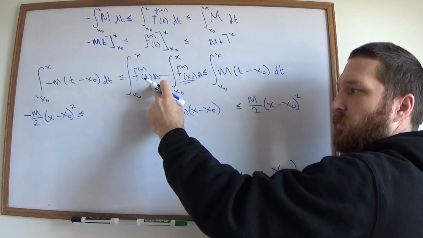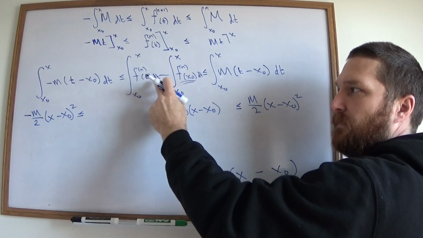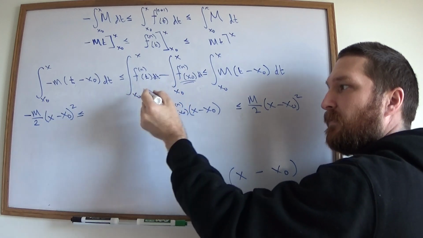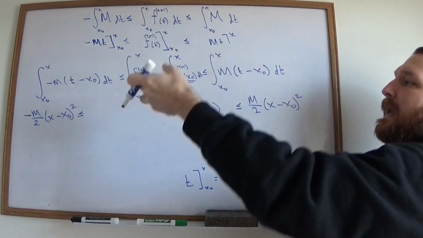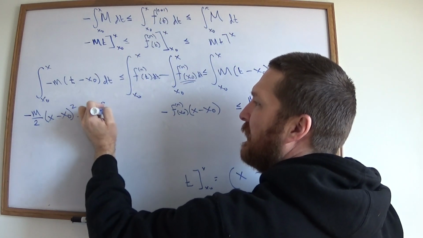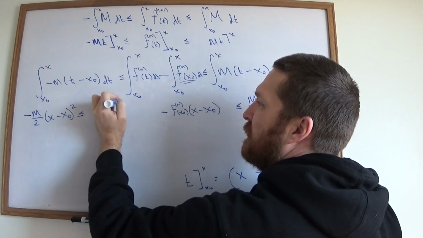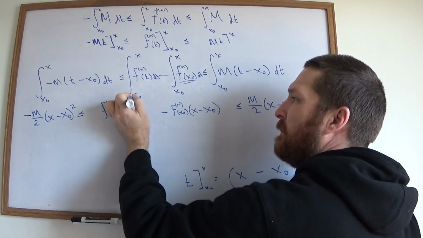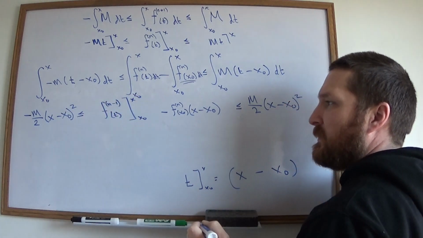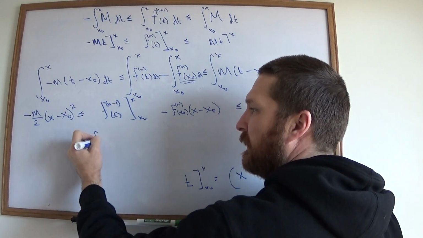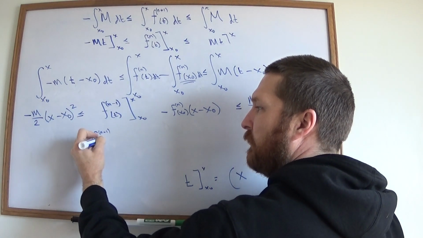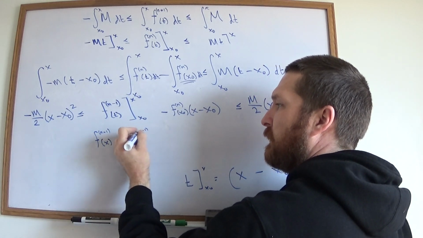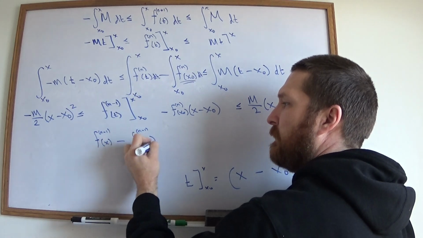This guy is a function of t. We're integrating with respect to t. And so its antiderivative must be one power less, right? It would be the f, n minus first derivative. And we're going to evaluate it up at x and down at x0. So that gives me f, the n minus 1th derivative at x, minus f, the n minus 1th derivative at x0.